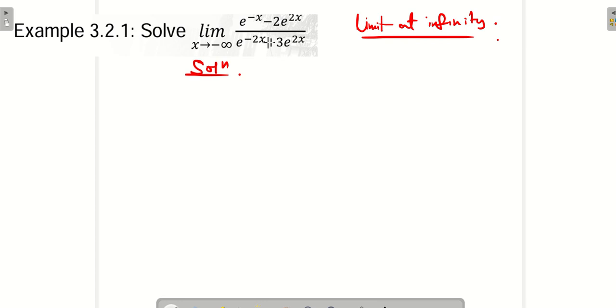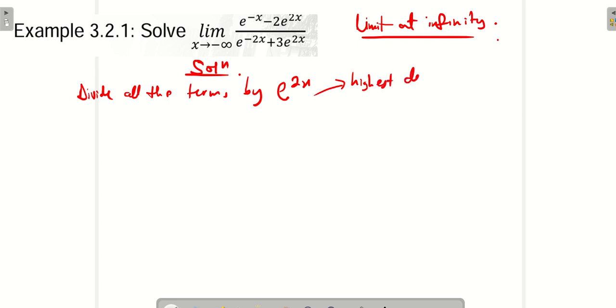So we are going to divide all the terms by the highest degree, e to the power 2x. So let's do that.